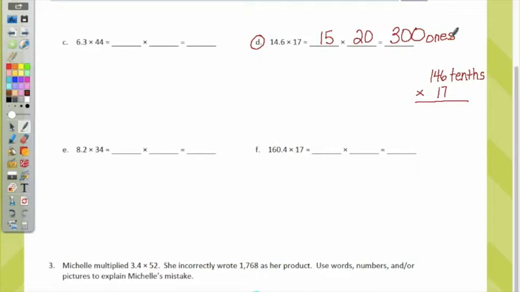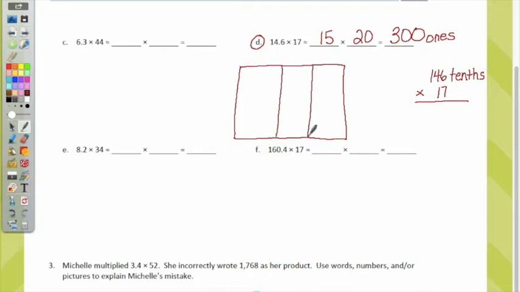Okay, now Jesus is going to tell us how we're going to decompose these numbers. But remember, we've got 3 digits by 2 digits. So if I'm looking at, look right here, 146 tenths, Jesus, how will I break that apart? 146. Good. And what about 17? 10 and 7.